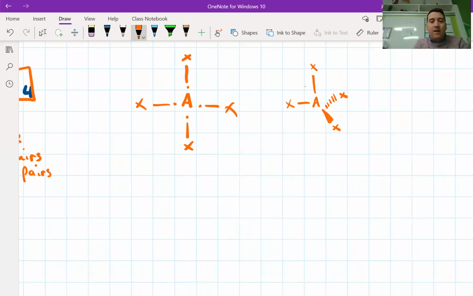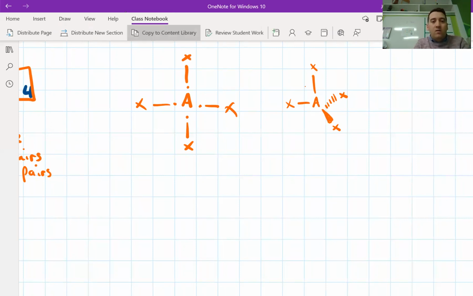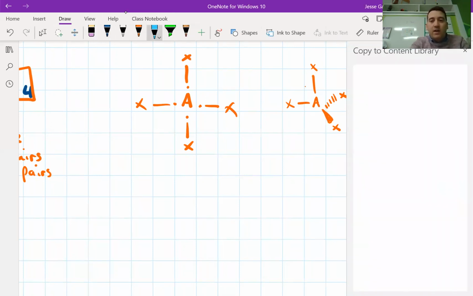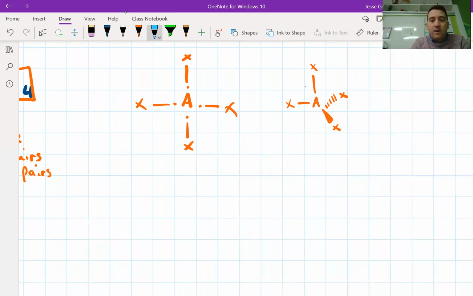So the angle on this here, this angle here is not 90 degrees. That is not correct. It is 109.5 degrees. That's how the 4 bonds can equally repel each other out into 3D space and get as far apart as possible from each other. So we've got 4 bond pairs, like we saw over here.